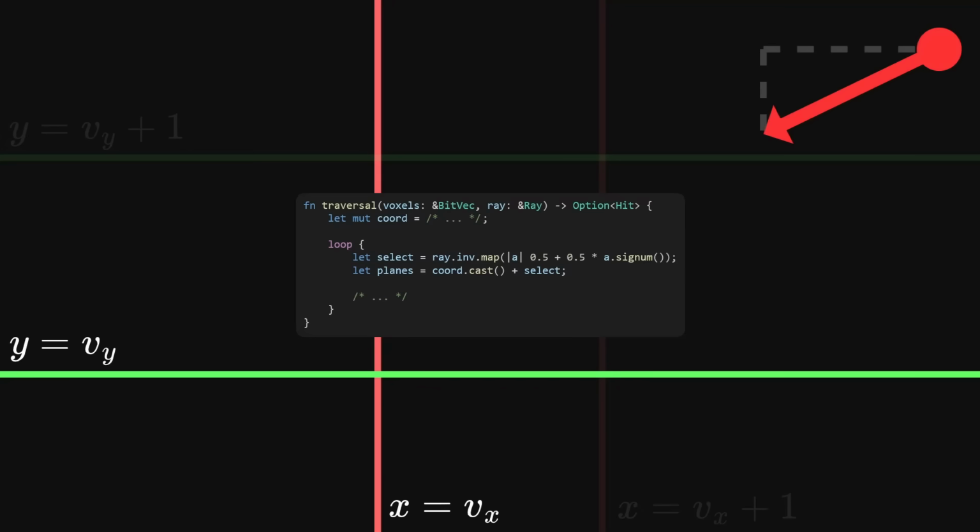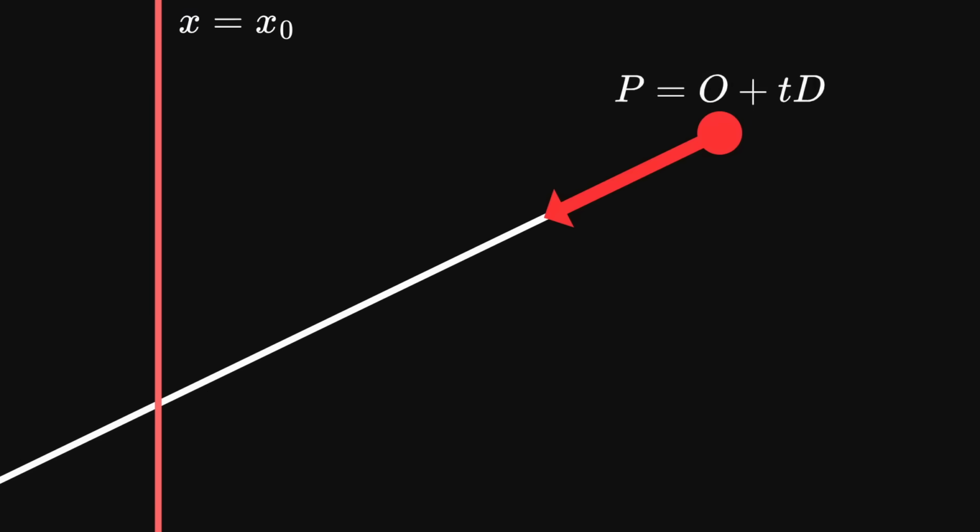Now that we know the position of the planes, we just need to calculate which plane the ray intersects with first. So let's focus on the x-plane. Since the x-plane is defined as all points for which the x-coordinate is a certain value, let's call it x0, and the ray is defined as all points that satisfy this equation, we just have to solve for the value of t when the x-component of p is equal to x0.